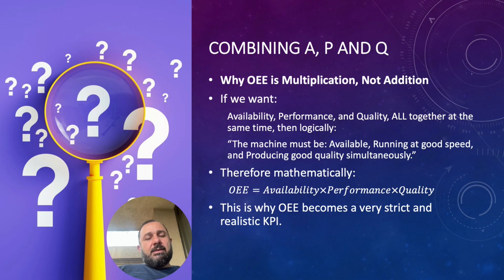These three factors, when you multiply them together, will give you the overall equipment effectiveness. And that's why OEE is a very strict and realistic KPI. It is very sensitive because in multiplication of numbers between 0 and 1, usually the number reduces. So we have to be very careful on that.